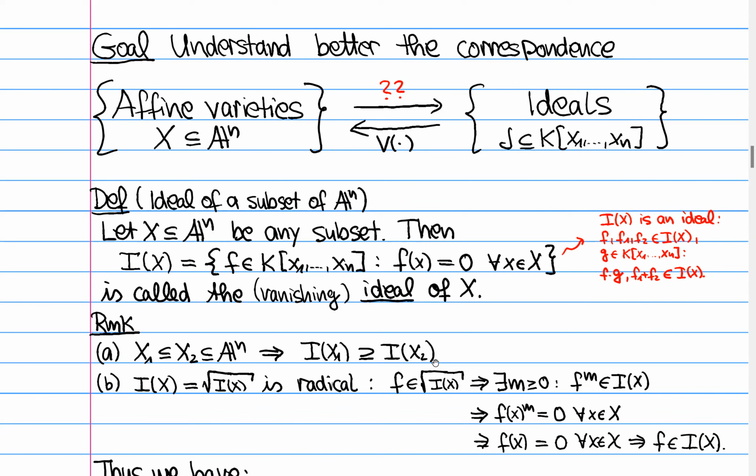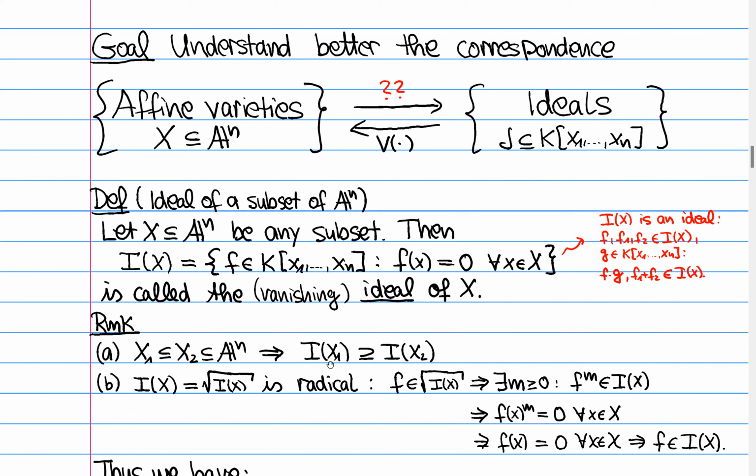The proof is exactly similar to the corresponding thing for the vanishing locus, just using that now the conditions that we impose is you have to vanish at points of A^n. And so if X2 has more points, then you impose more conditions. And so the ideal of functions vanishing on this set is contained in this ideal. So again, the inclusion is reversed.